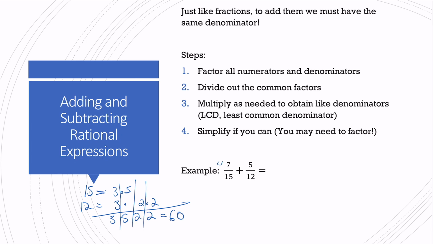So 4 over 4, because 4 times 15 would give me 60, so I have 28 sixtieths, plus 5 over 5. 5 times 5 is 25. 5 times 12 is 60. That gives me 53 sixtieths, and I can't simplify that any further, but that's how we're going to go about adding fractions.